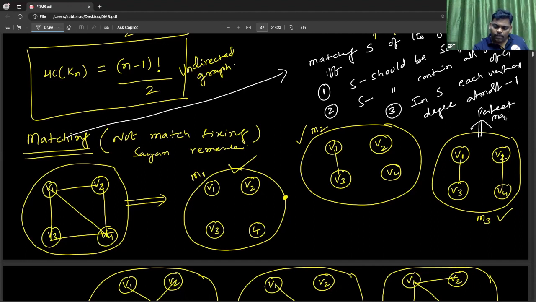It means one vertex also cannot be left out; there should be a linking, some connection. So what is the meaning of perfect matching? Every vertex degree is exactly 1. Degree exactly 1: perfect matching.